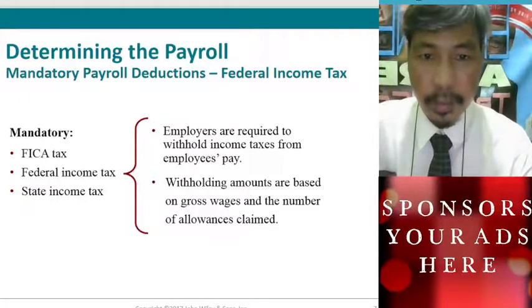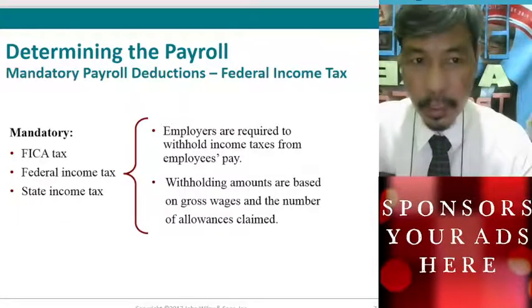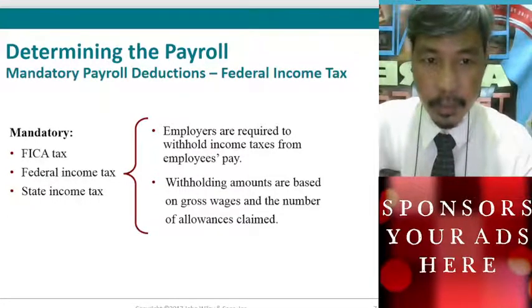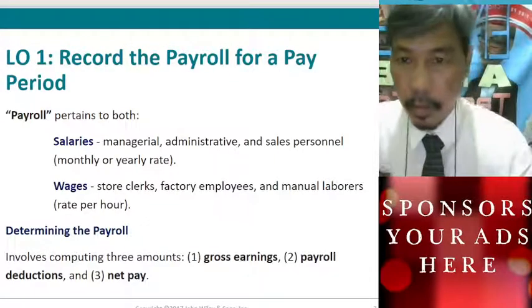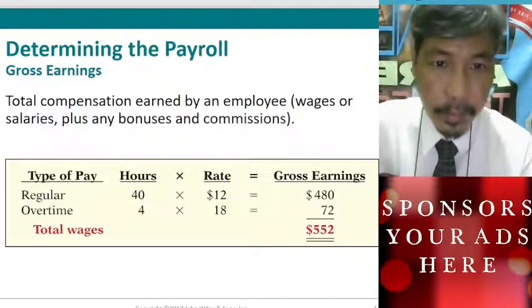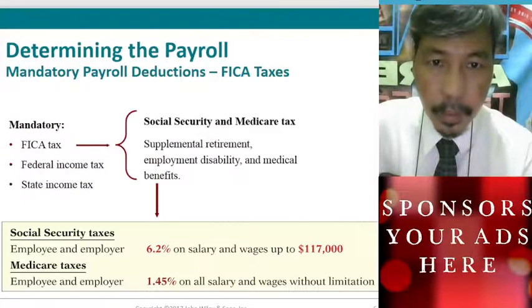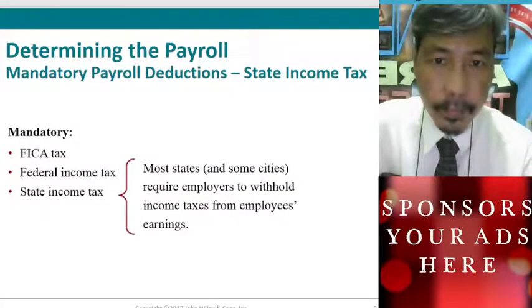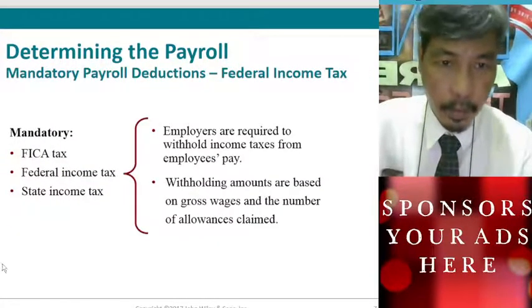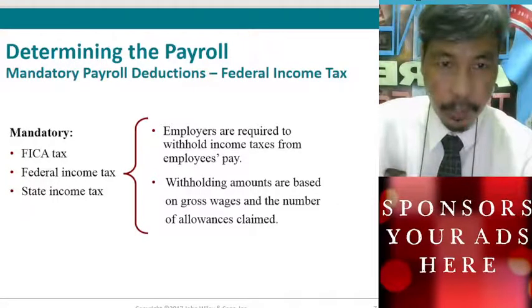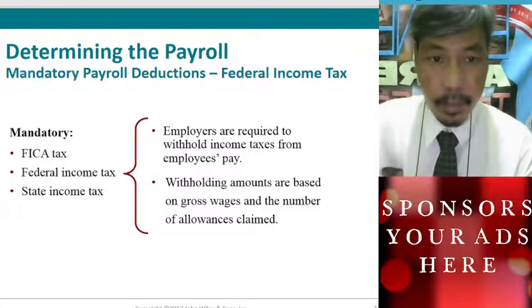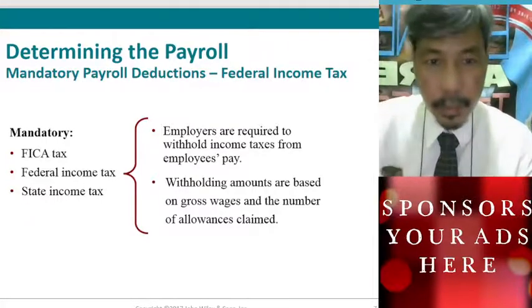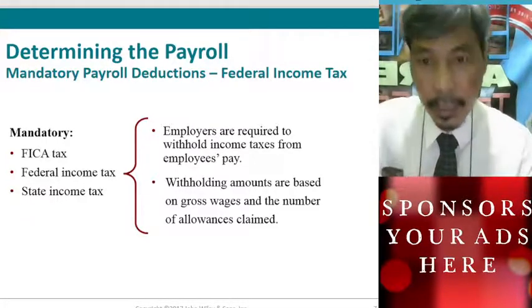So in the United States, employers are required to withhold income tax from employees. Employees pay. In the United States, withholding amounts are based on gross wages and the number of allowances claimed.